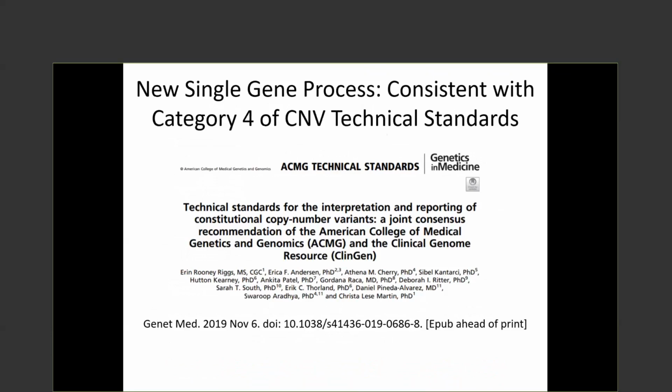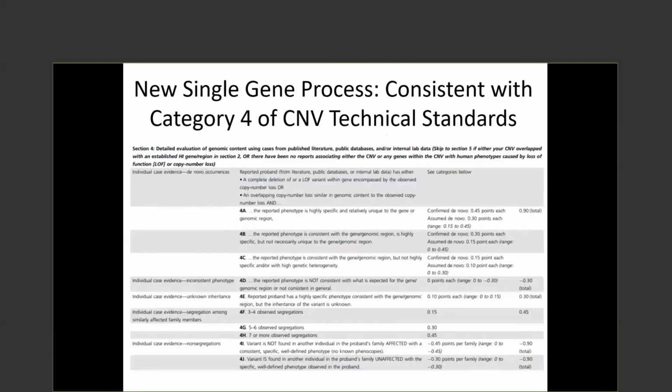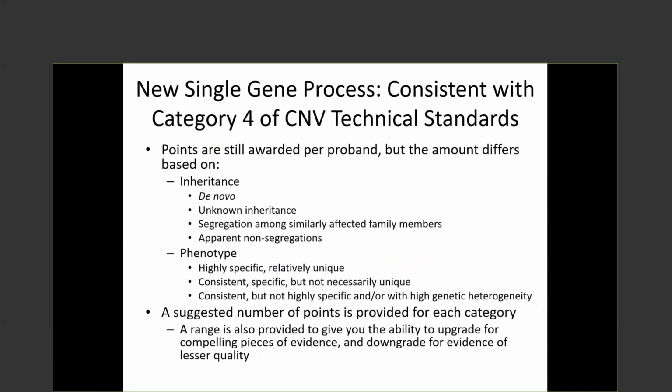So again, as I mentioned previously, our updated scoring guidelines are closely aligned with the new technical standards for CNV classifications, specifically category 4 of the scoring metrics, which is shown here. In our updated process, points are still awarded per proband, but the amount differs based on both inheritance and phenotype. So inheritance, we do have different scoring recommendations for whether or not the variant is de novo or of unknown inheritance, or if there's segregation among similarly affected family members, or apparent non-segregations.